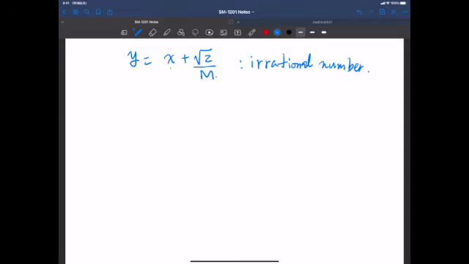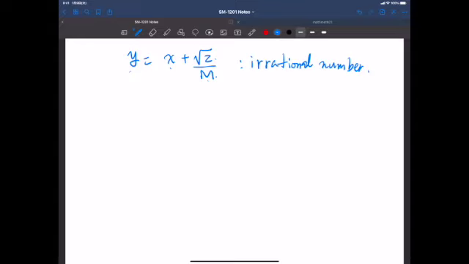Right? x is a rational number, and as we have proved, square root of 2 is irrational and m is rational, of course. So it follows that y should also be irrational.